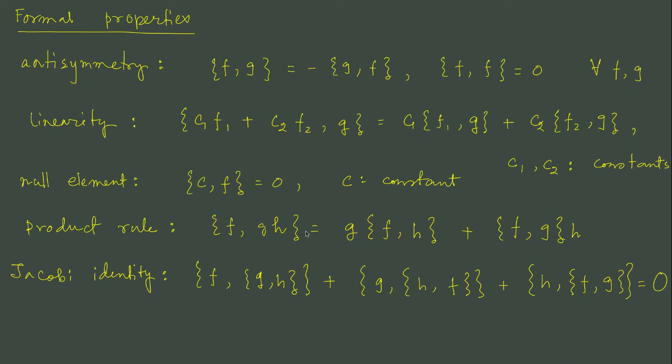The proofs of those properties are so elementary that I am not proving them. They follow quite straightforwardly from the definition of the Poisson bracket itself.